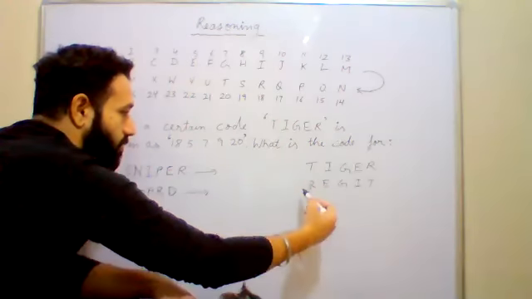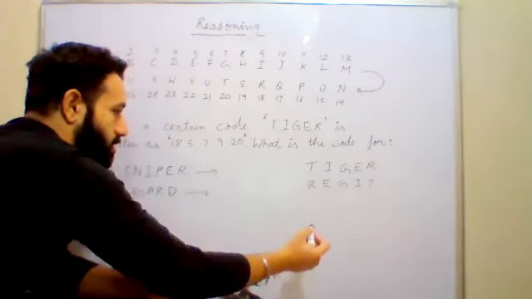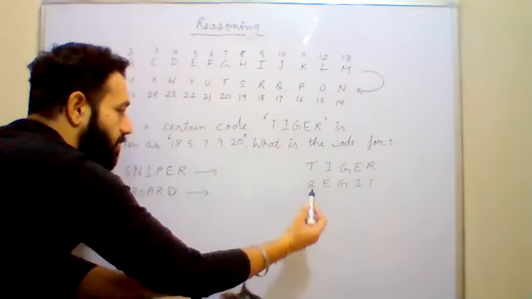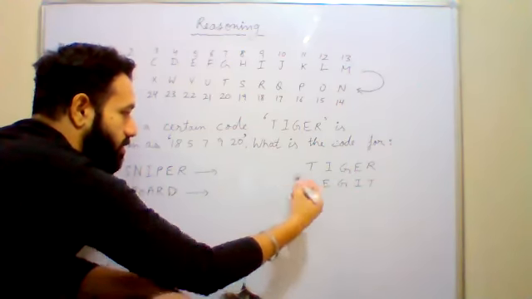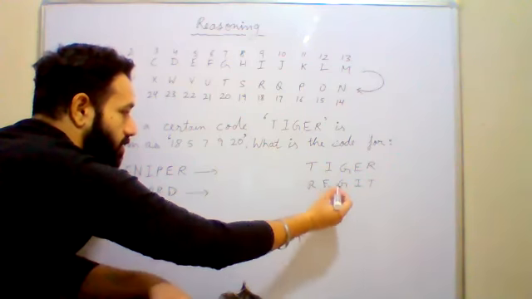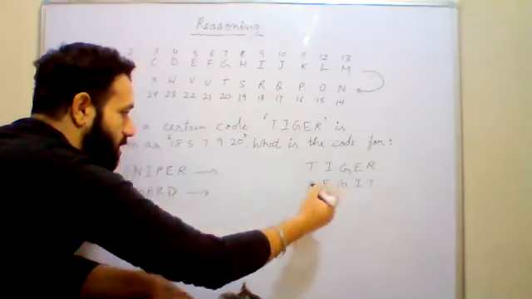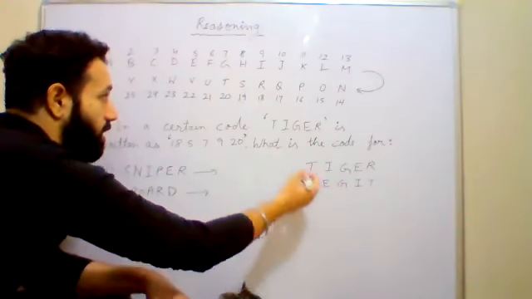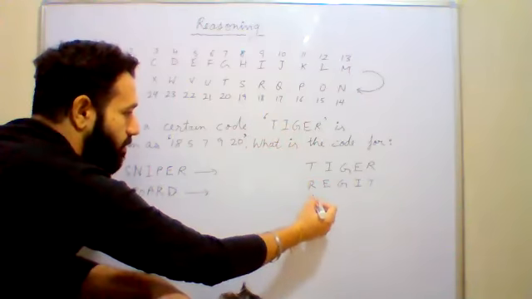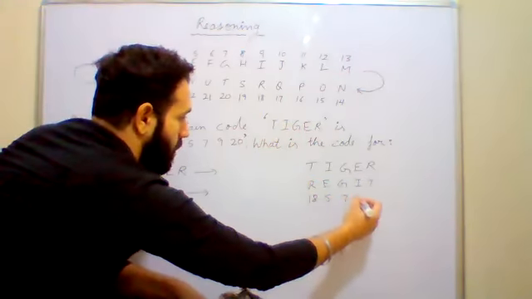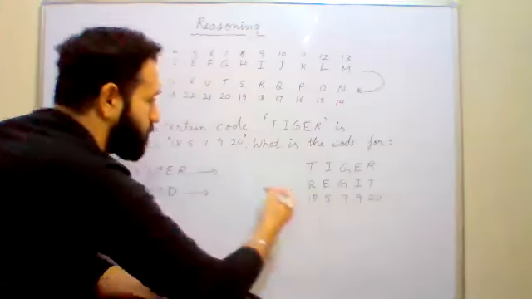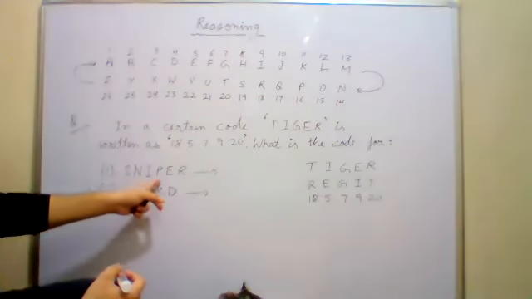The last letter will come first and the first letter will go at the last. So in the opposite manner we have written the word. Then you will write the code for each of the letters, the numerical equivalent. R is 18, E is 5, then 9. In the same manner, you will write the code for sniper.